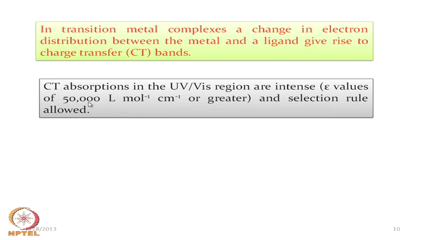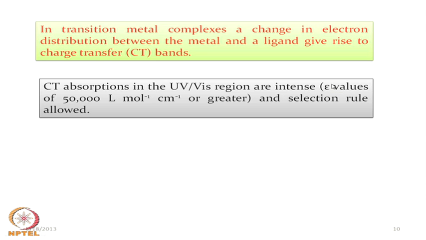These charge transfer transitions we basically see in the UV visible region. UV visible region means a high energy region, that means beyond 400 or 420 nanometer, less than that, and they are highly intense because the corresponding energy values, E1 and E2, are very high compared to the dd transition.